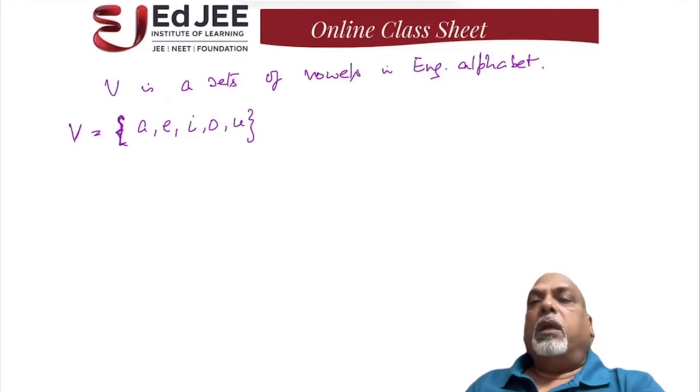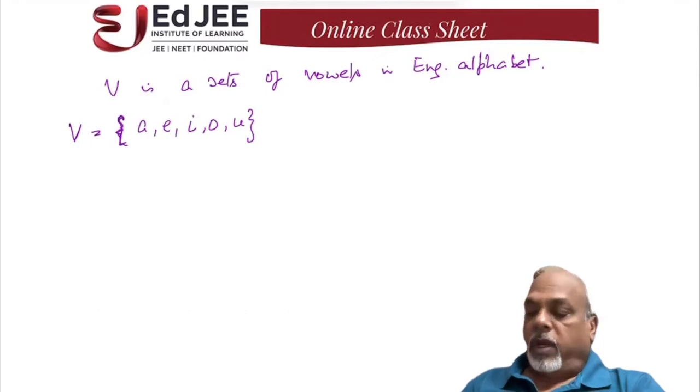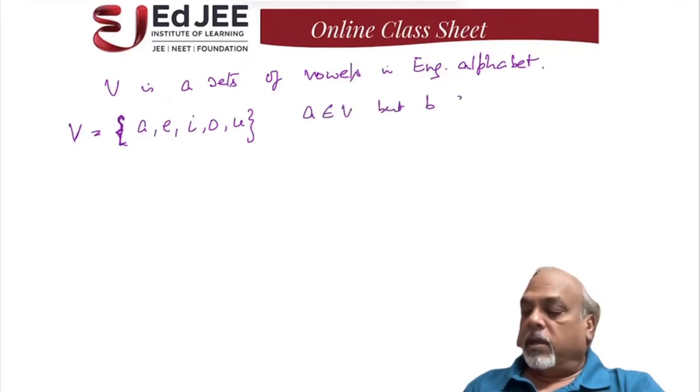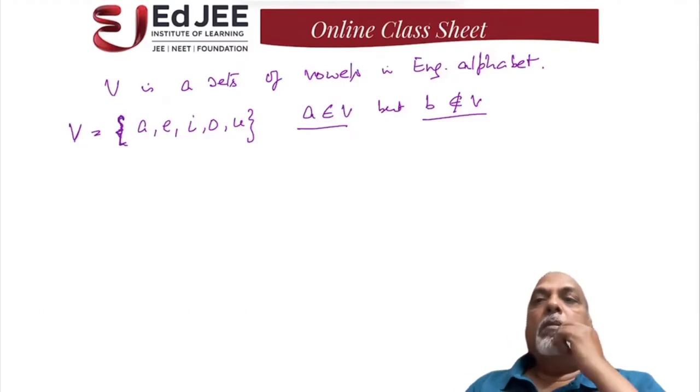So these are the elements of V. Here we can write a belongs to V, but b does not. Correct.